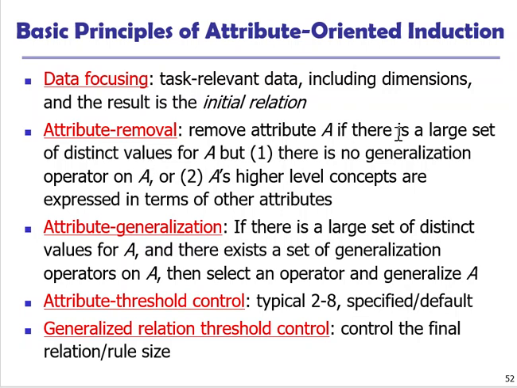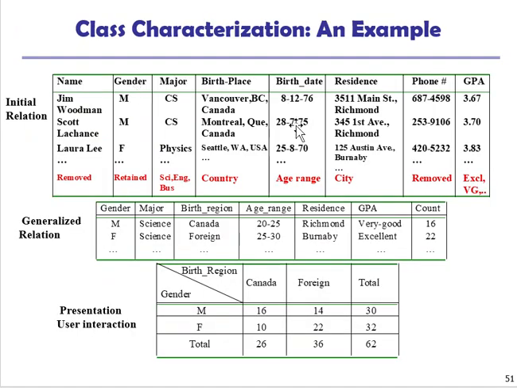If A has a large set of distinct values and it has no way to generalize it, or its higher level concepts are already expressed in some other attributes. For example, age. The birthday we can generalize, but if there's already an age group range, then we just remove this and plug in age range.